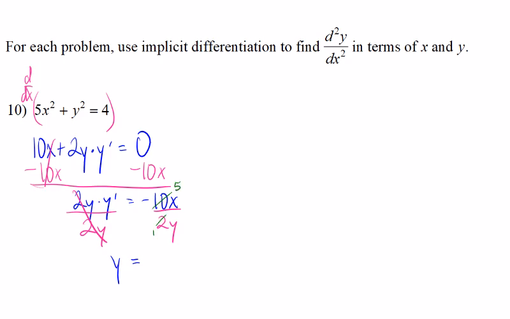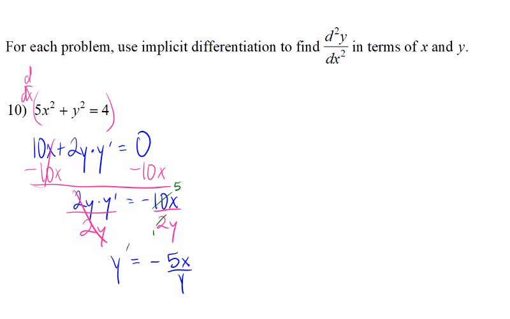So it'll just be negative 5x over y. So y prime equals negative 5x over y.